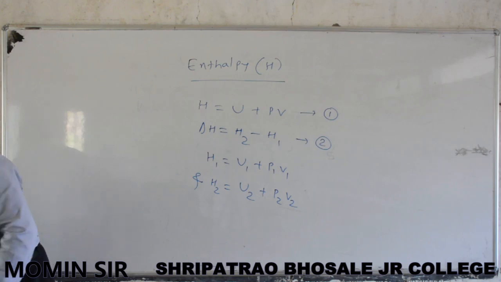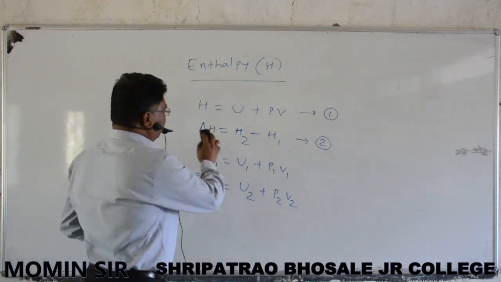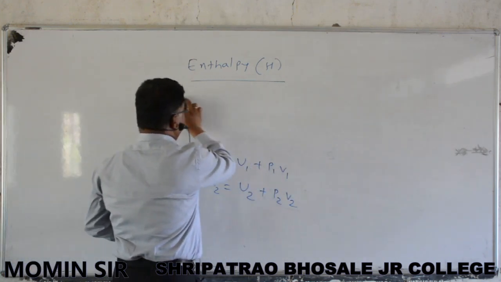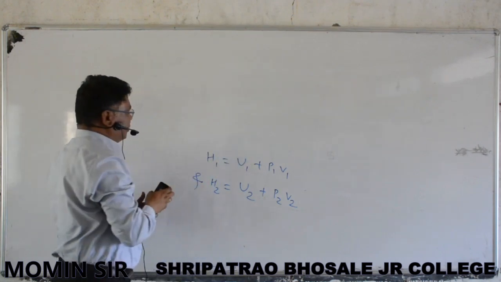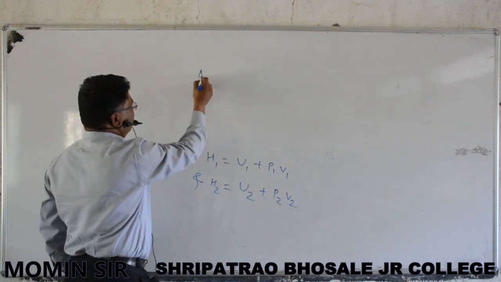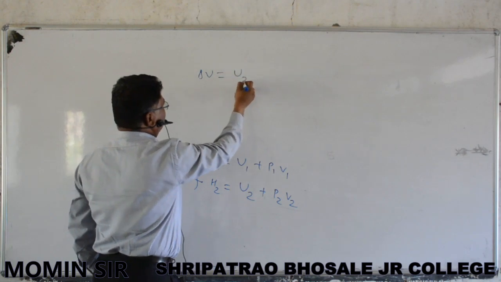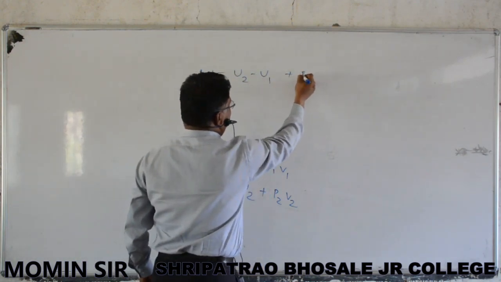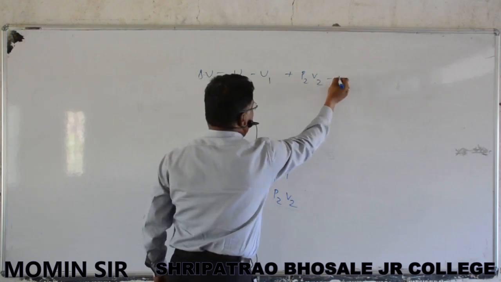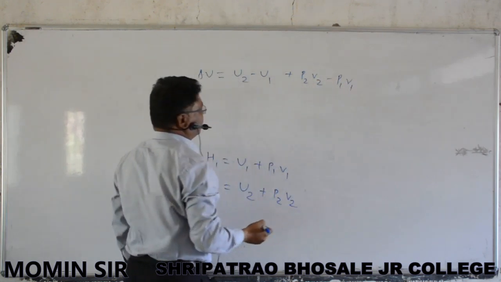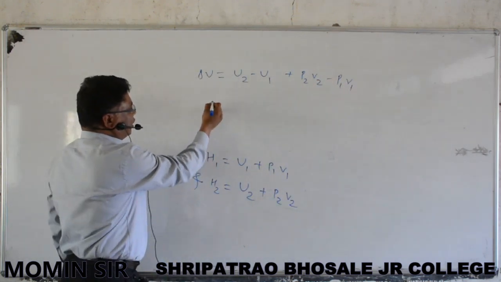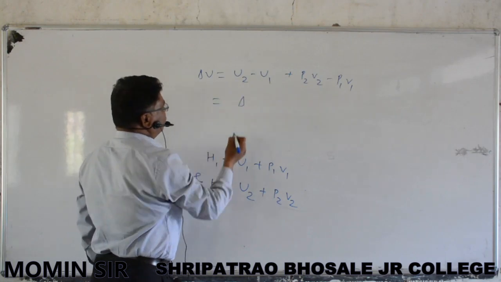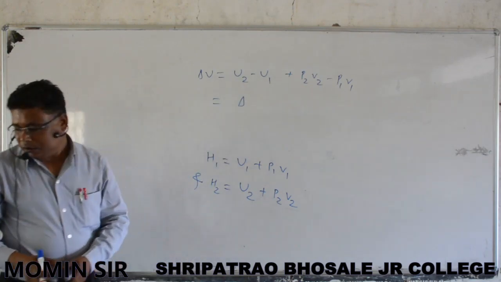Then delta H is equal to U2 minus U1 plus P2 V2 minus P1 V1.